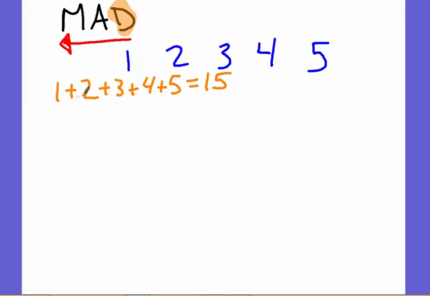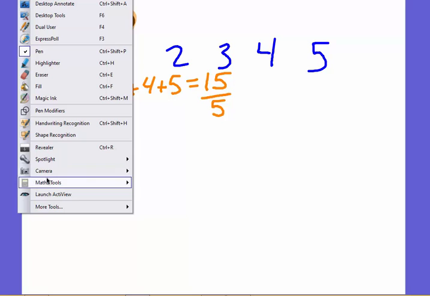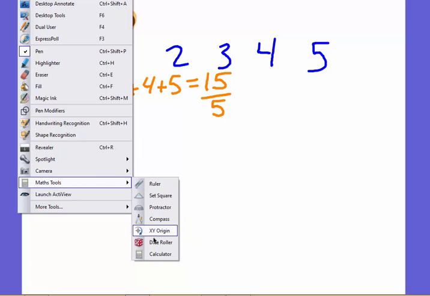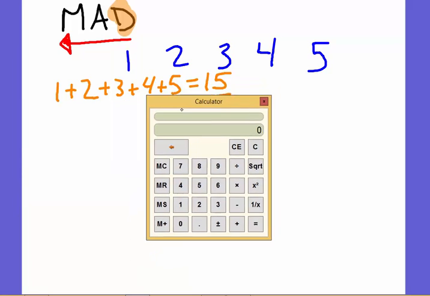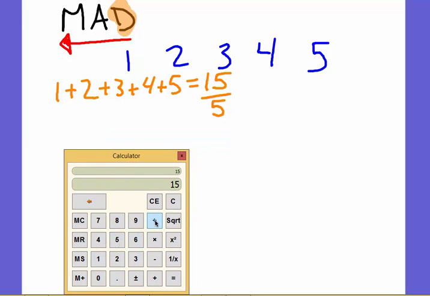And then I have 1, 2, 3, 4, 5 numbers, so I'm going to do 15 divided by 5. I can use my calculator to check my work, because there's a lot of math involved. 15 divided by 5 gives me 3. So my mean is 3.